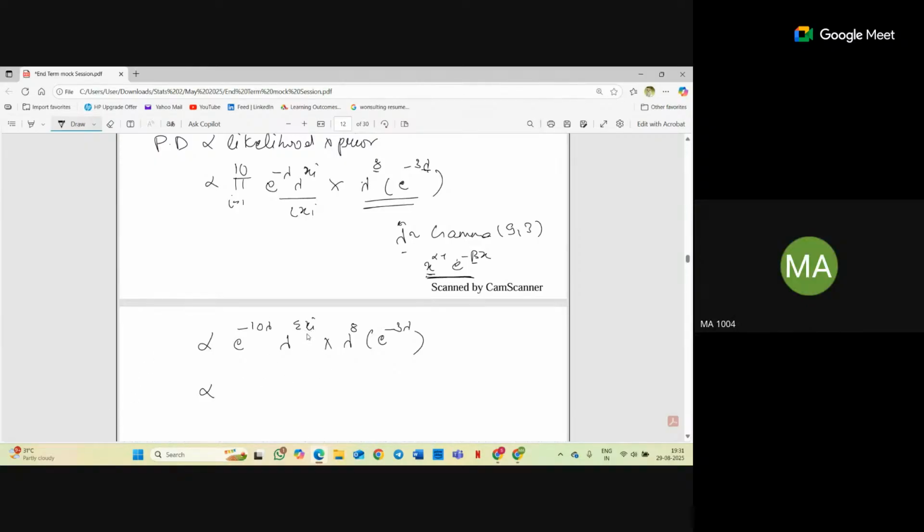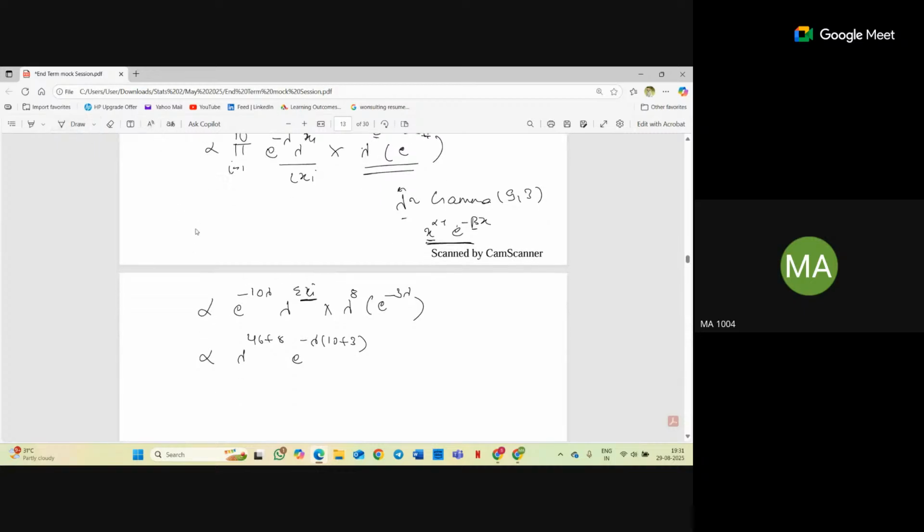Now, do this with summation of xi. What is summation of xi? It is 46. So I can write it as lambda raised to the power 46 plus 8, e raised to the power minus lambda into 10 plus 3.